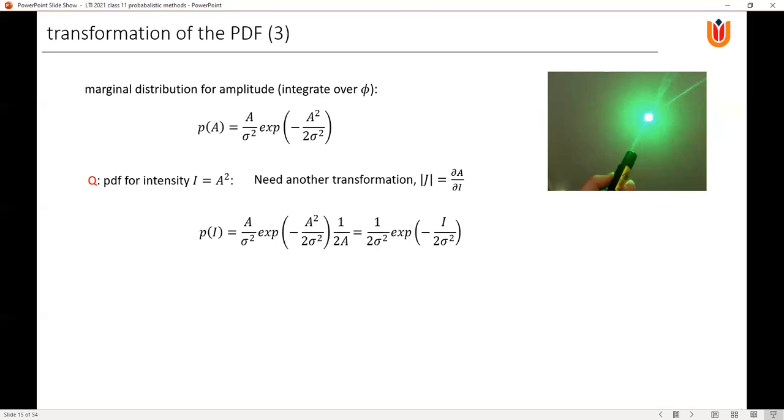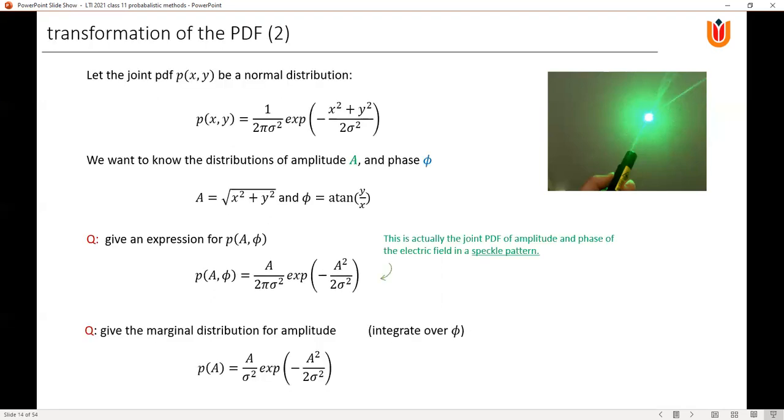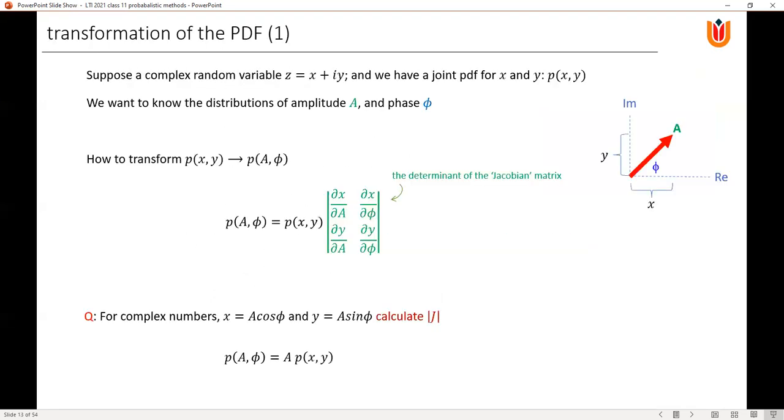Is the process clear? The only step that is not clear to me is where the Jacobian comes from. The Jacobian is needed to go from one coordinate system to another. If you have two coordinates, it really looks like a matrix. On the left-hand side you have the coordinates that you want, on the right-hand side the coordinates that you have, and the derivatives are from what you have with respect to what you want.